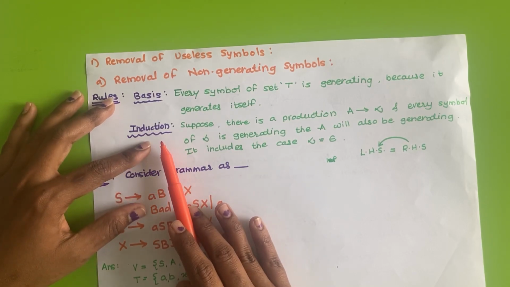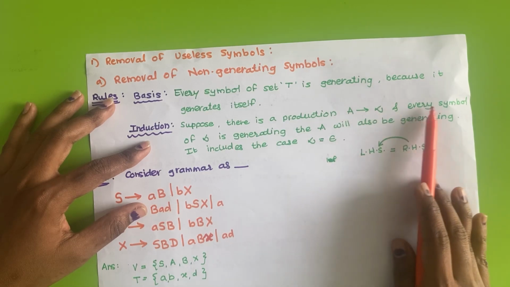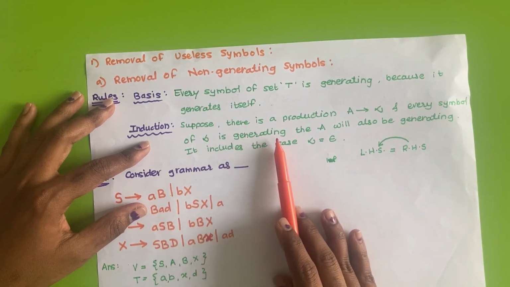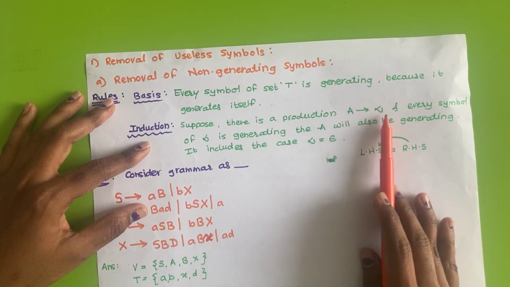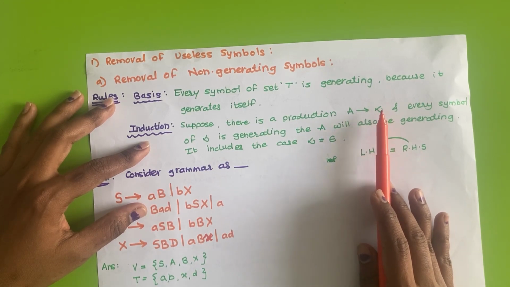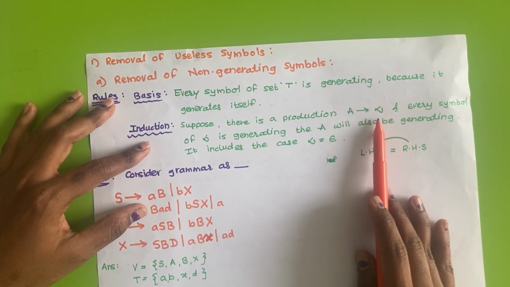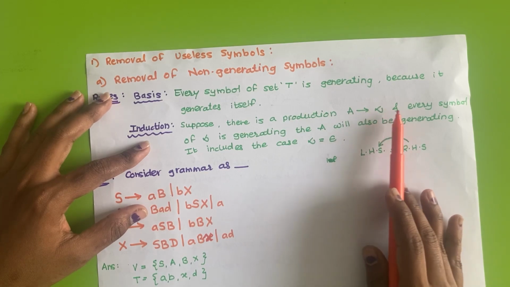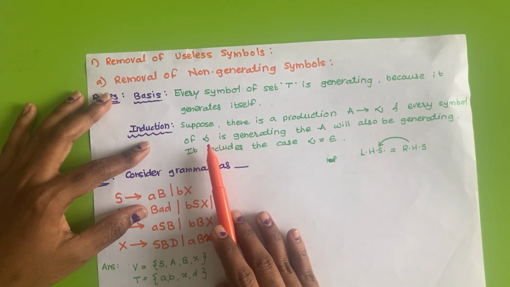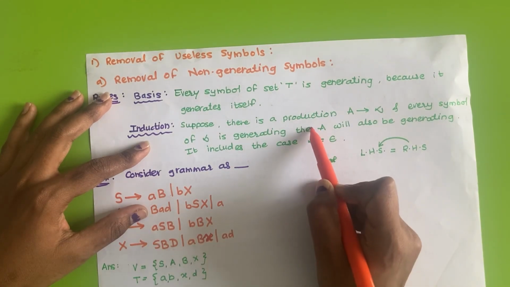On the basis of this we have induction. What does induction say? Suppose there is a production A tends to alpha, and every symbol of alpha is generating. This alpha may contain a string of only terminals, only non-terminals, or a combination of terminals and non-terminals. Every symbol of alpha is generating, then A will also be generating.